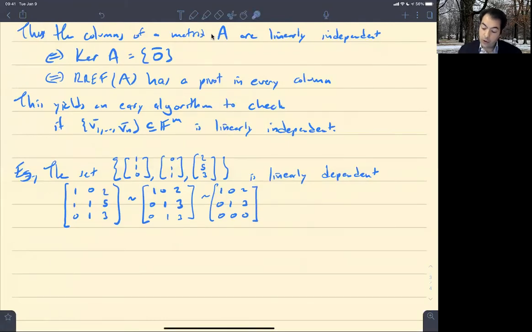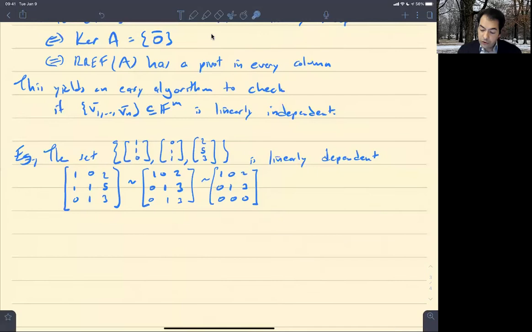Okay, so notice, you remember this vector we found was equal to 2 times this one plus 3 times this one, right? So those coefficients are exactly what showed up here. And from here we see that this column has a pivot, this column has a pivot, but this column does not have a pivot. So we know that this set is linearly dependent.